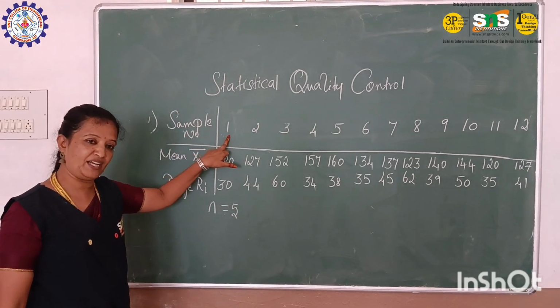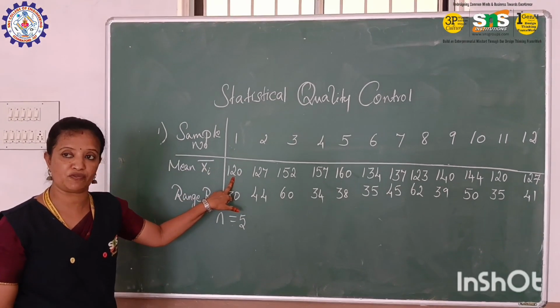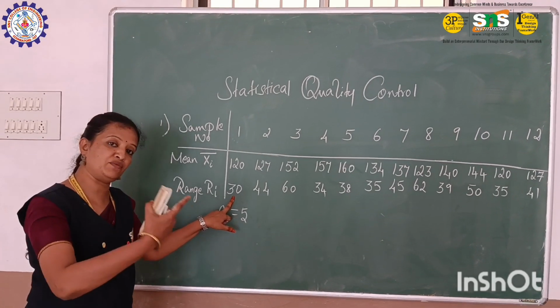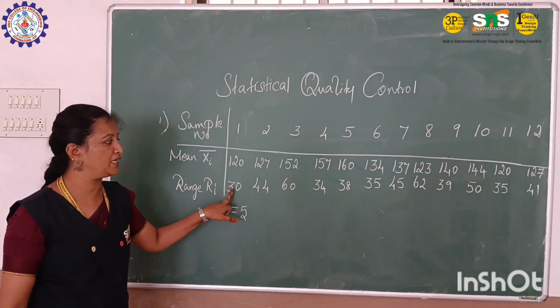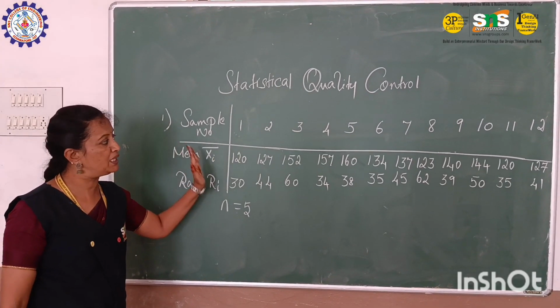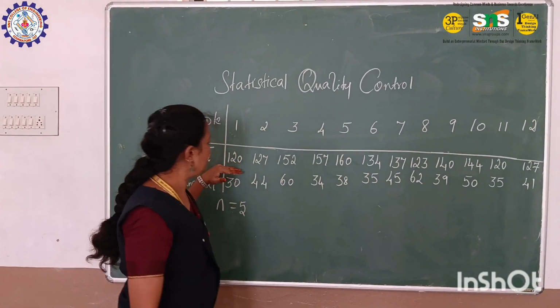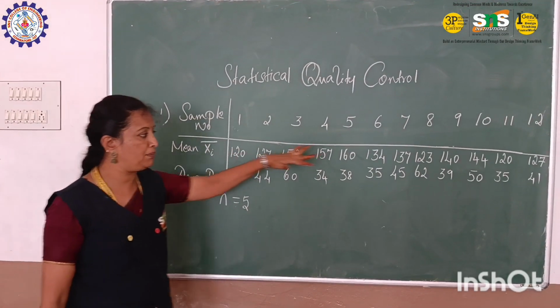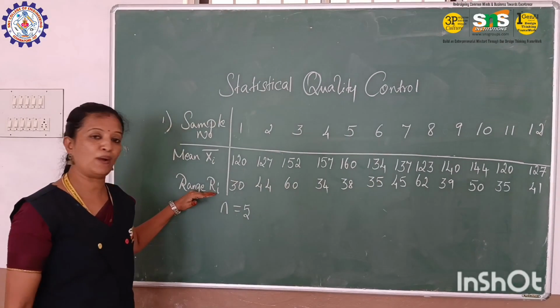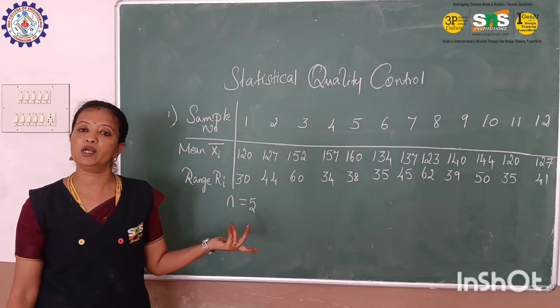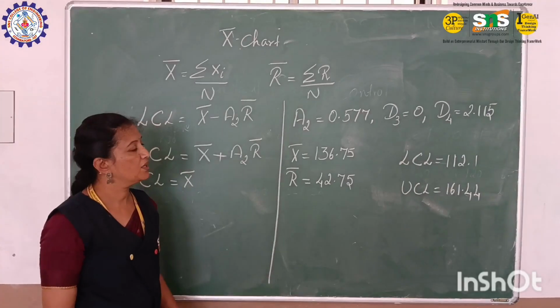So from those 5, this is the mean and this gives the range. Range means highest value minus lowest value will give you the range. So similarly I have taken 12 different types of pencils and their mean value and range value are already calculated. From this data, how do we go with the chart?